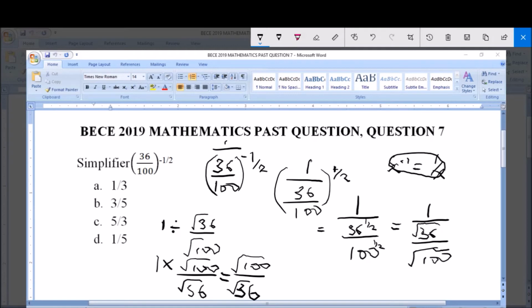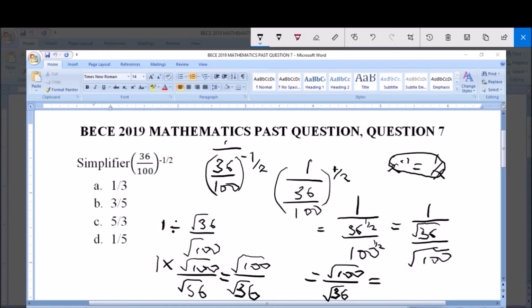So therefore 1 all over root 36 all over root 100 is equal to root 100 all over root 36.